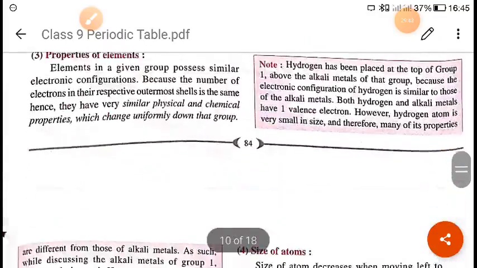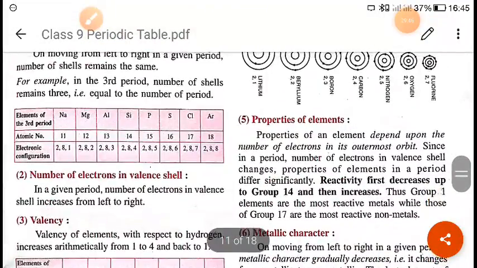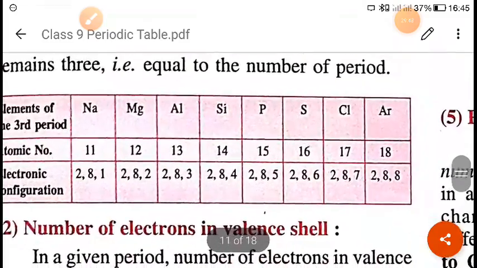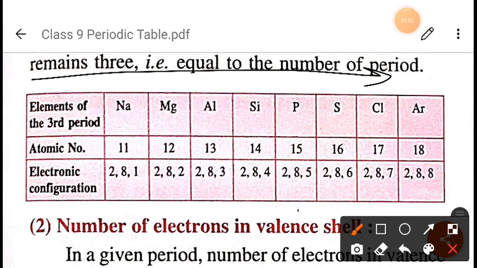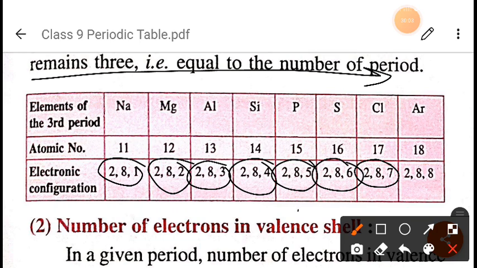When you move across the period, the number of shells remains the same, but the nuclear charge, or the number of protons, is increasing, as you can see here.